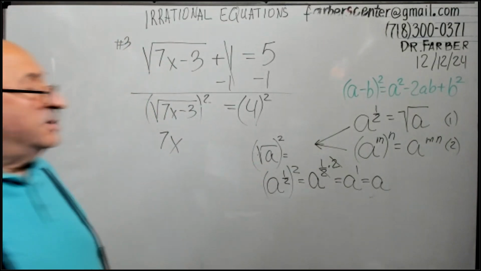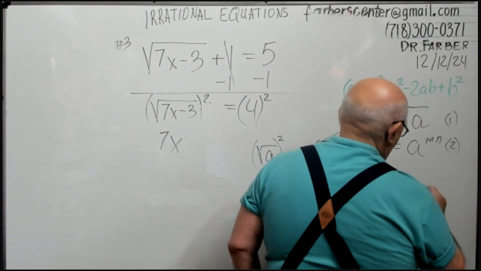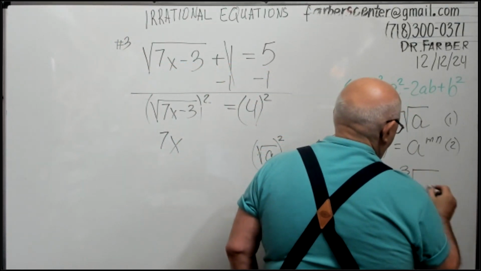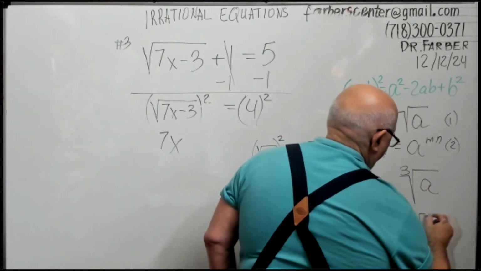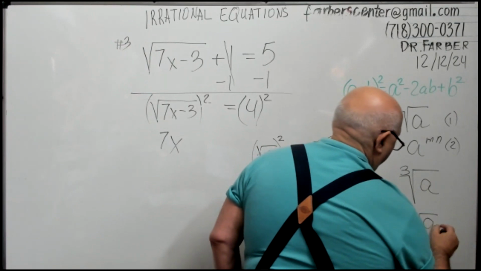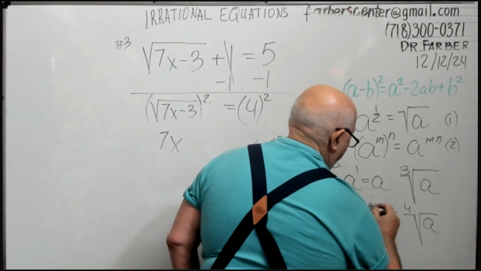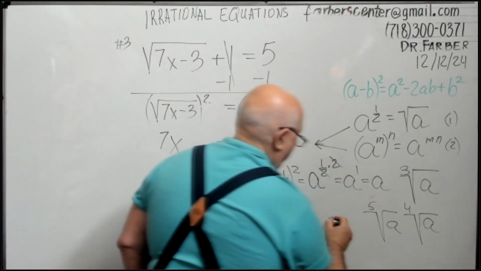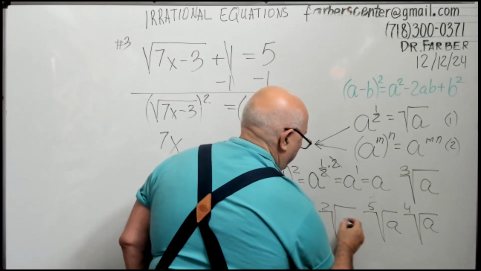Again, second power, because when you have a radical, for instance, this is the cube root of a. This is the fourth root of a. This is the fifth root of a. Nobody writes the second root of a like this.